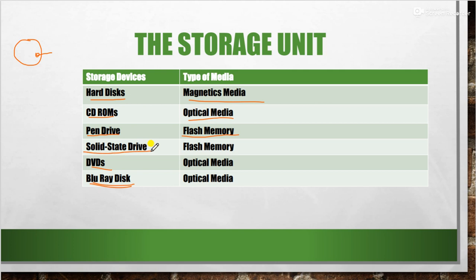This is called SSD. SSDs are nothing but solid state drives. It is the new generation of storage device, and these days it is used in place of the hard disk. The size of this is smaller than your hard disk, and speed wise, the speed of solid state drive is much faster compared to your hard disk. I hope this is clear to you all.